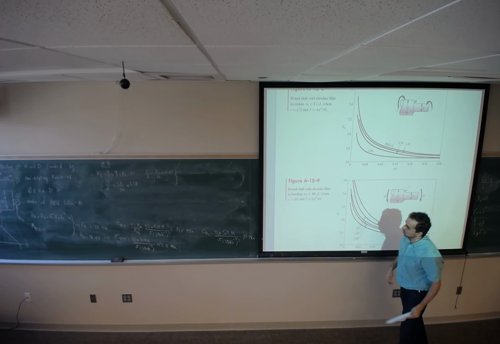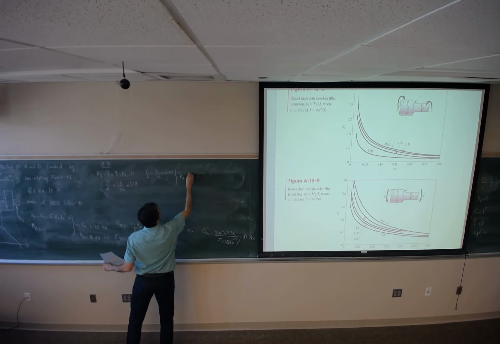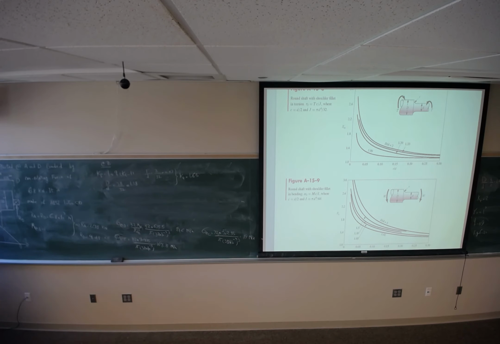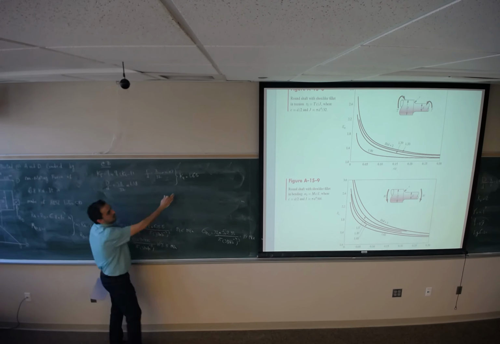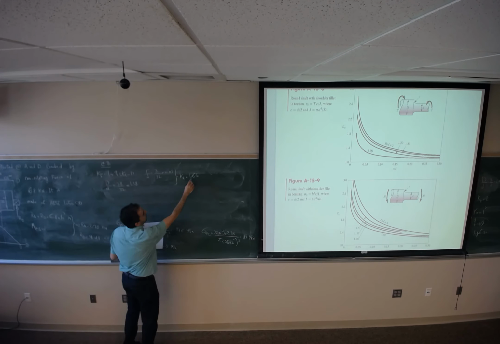So if you're at 1.68, that's fine. If you're at 1.63, that's fine. So once we find KT, we are going to find Q.